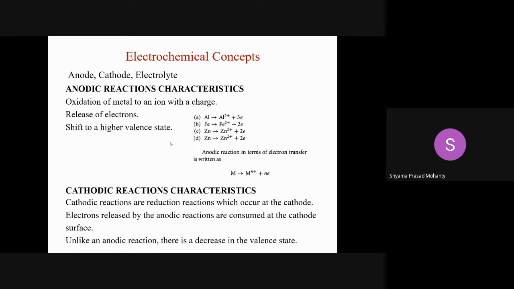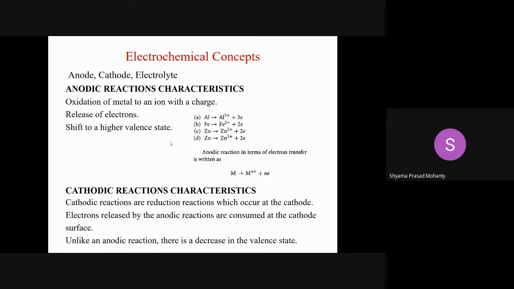So let's revisit the electrochemical concepts. In electrochemistry, mostly we deal with the electrochemical cell, where we have anode, cathode, and electrolyte. These are some generalized characteristics.